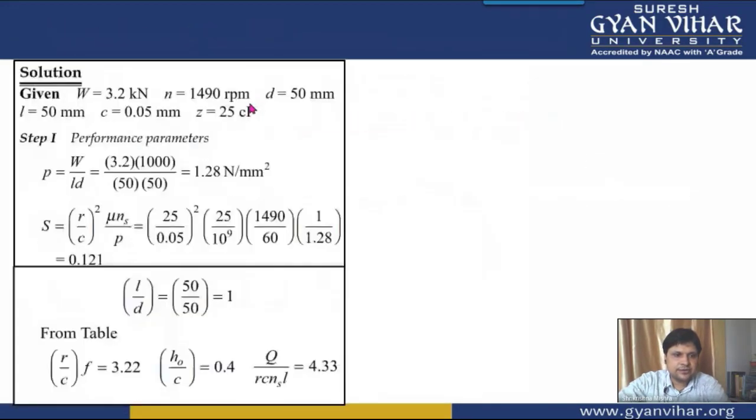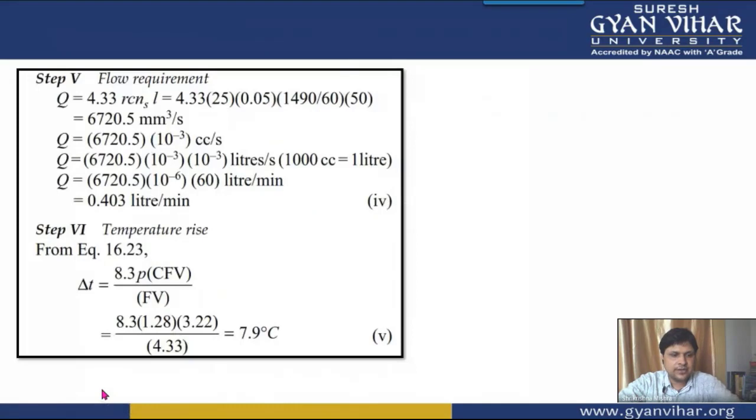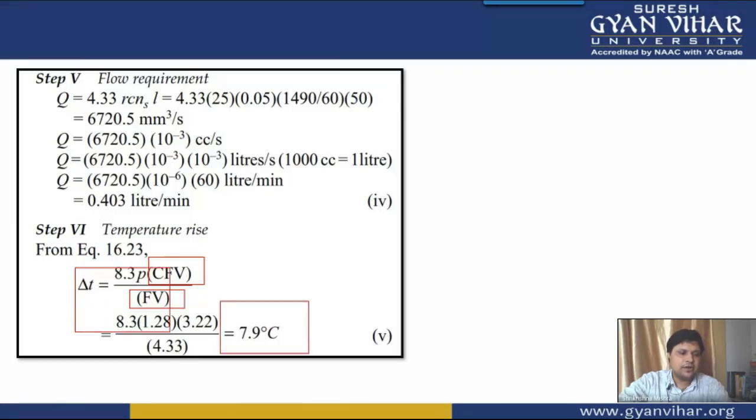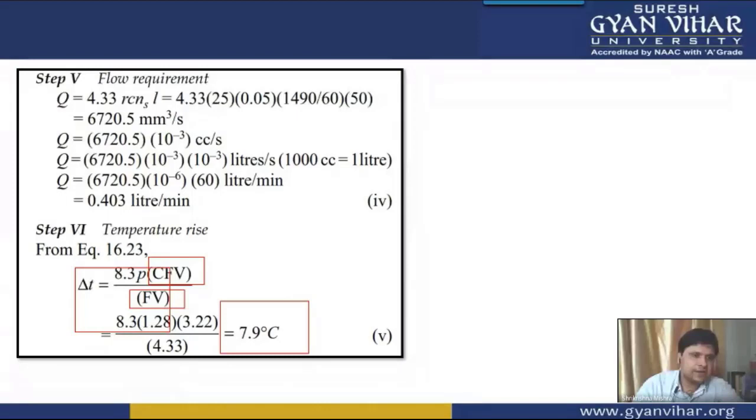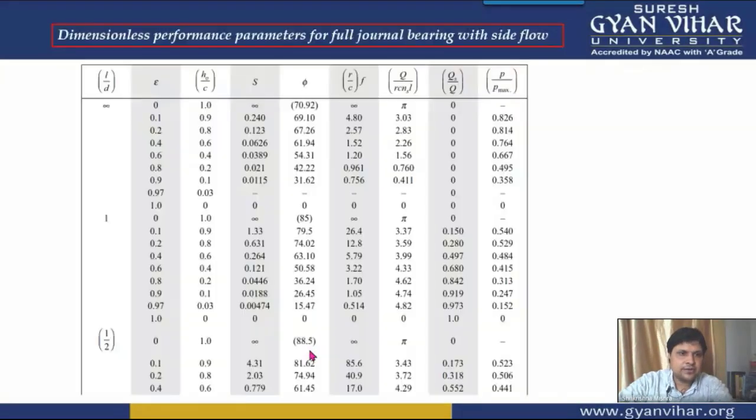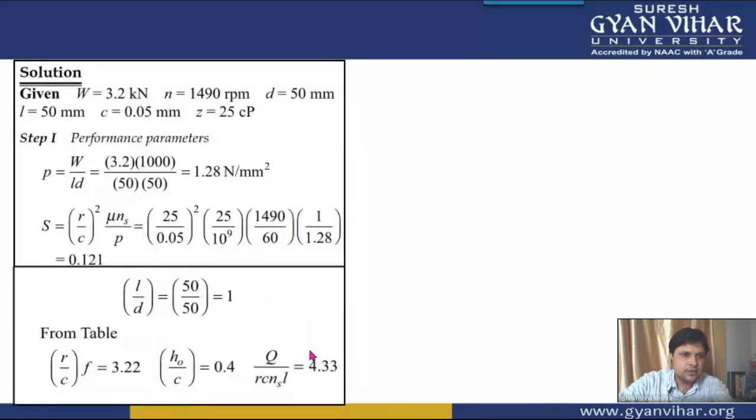So the rise in temperature, these are the values, flow variable, and this is your coefficient of friction variable. Putting these values directly here, we will get the temperature rise. When you will calculate, you will find a value equal to 79 degrees centigrade. All right. So I hope the numerical is now well understood to you.